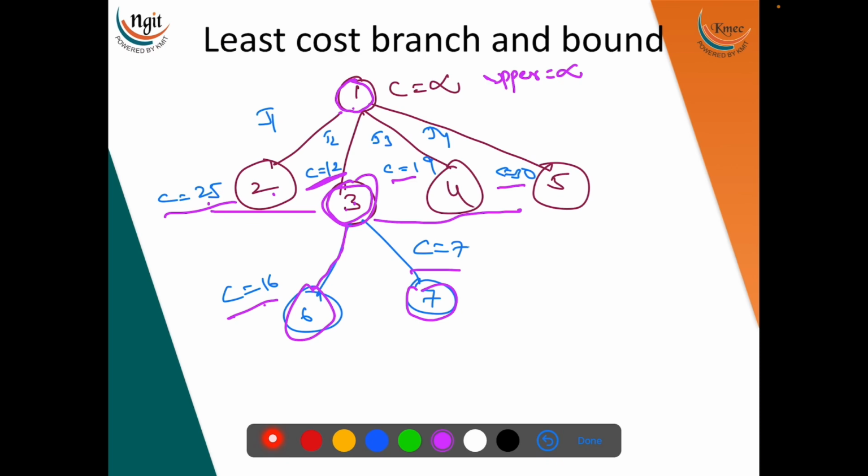Now it is already J2, correct? So you have only 2 tasks left to complete, J3 and J4. It's already J4, so you cannot expand this node. If it is J3, then you have to expand this node as it is the least cost. So this is the least cost branch and bound method, right? Now thank you all.